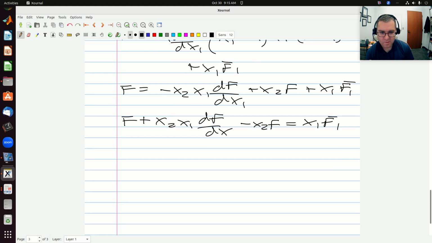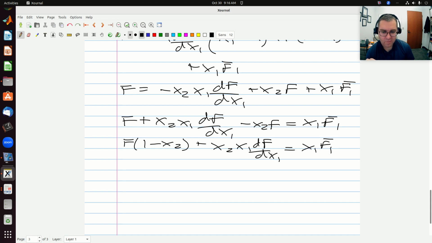I'm going to simplify the left hand side a little bit. So I'm going to group f: f times 1 minus x2 plus x2 x1 df/dx1 is equal to x1 f bar 1. If I divide through by x1, knowing that 1 minus x2 is x1, I have f plus, kill that x1, x2 df/dx1 is equal to f bar 1.